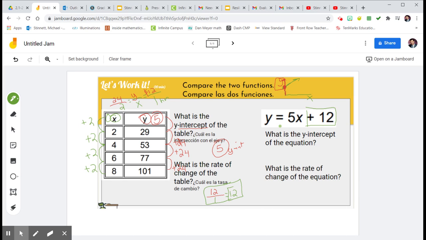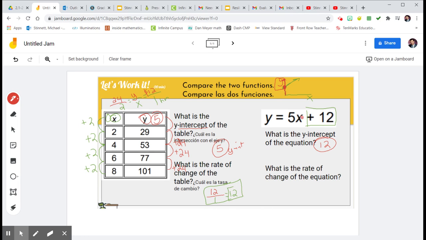All right. And then the equation is way easier. Okay. We don't have to do a lot of calculations and stuff. We already figured out that our y-intercept for our equation was just 12. This number, whenever you see a linear equation like this, the equation that we're used to, whatever is the number with no variable, that's our y-intercept. Done. Right there it is.